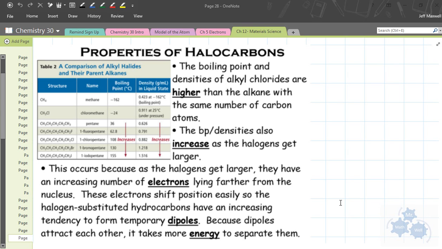All right, in this lesson we continue to talk about halocarbons and their properties, and we'll get into other functional groups as well. So in this chart, this is a comparison of the alkyl halides and their parent alkanes.